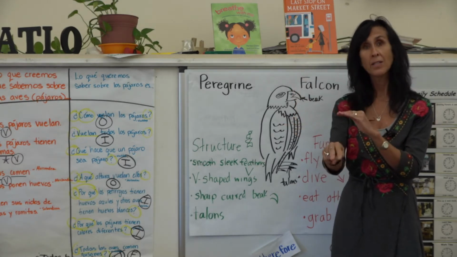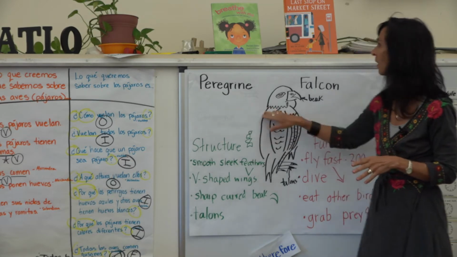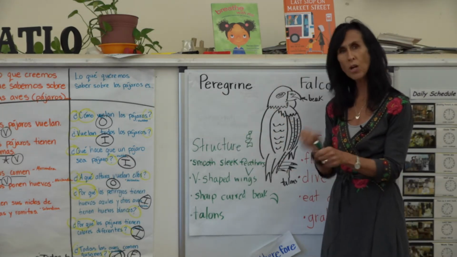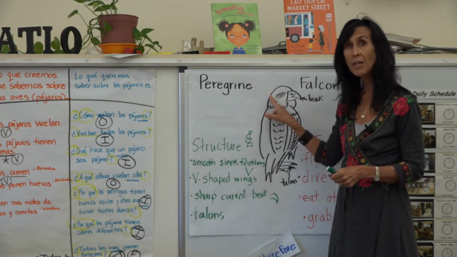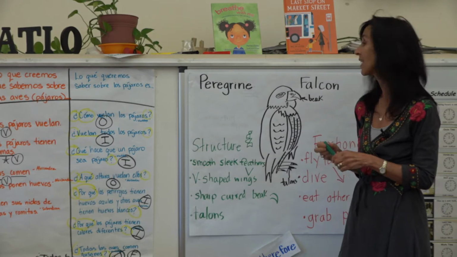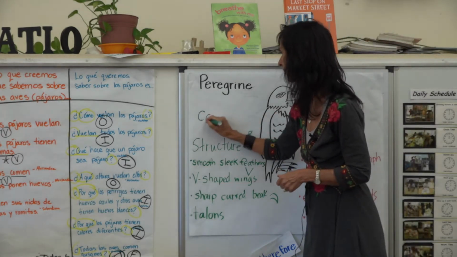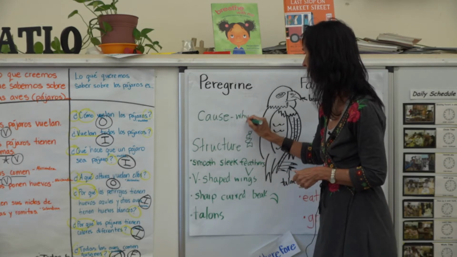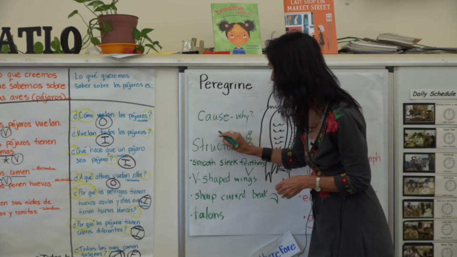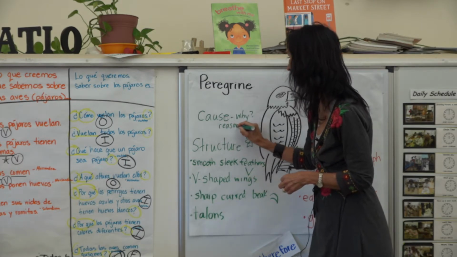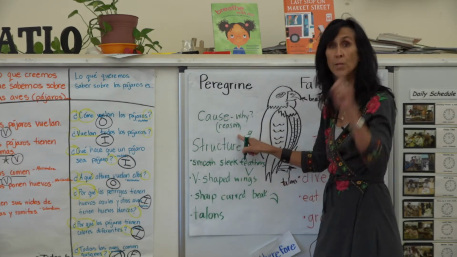Say effect, what happens. I'm going to write the word cause here in green because the structure of the peregrine falcon is the reason or the why that results in the function. Here's the word cause, and I'm going to write the why, or the reason that something happens. And this comes first.